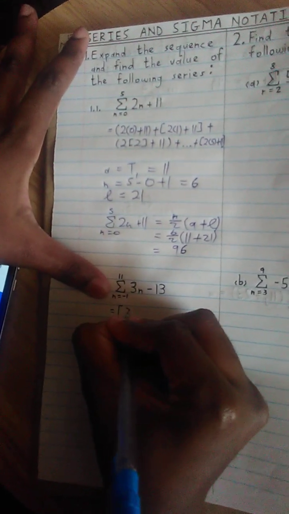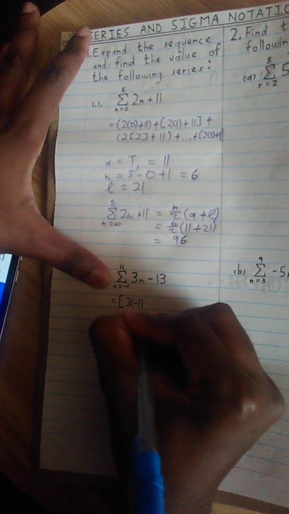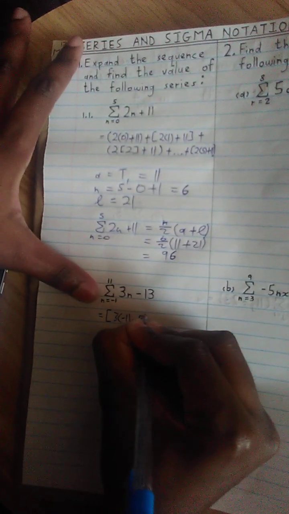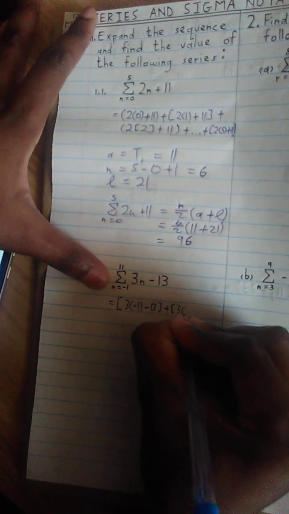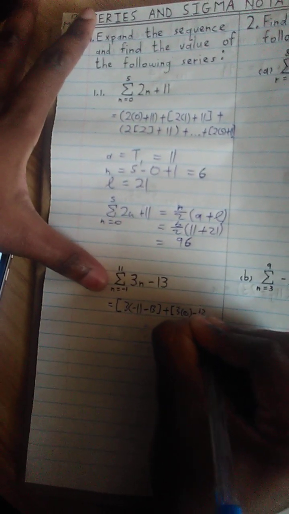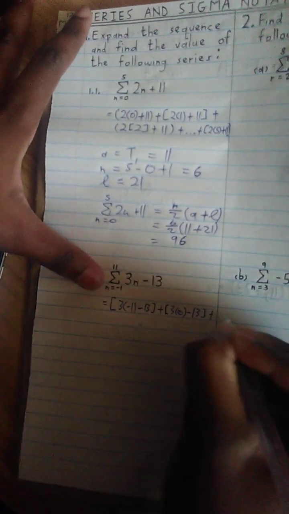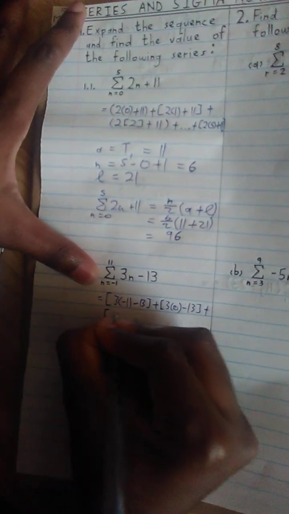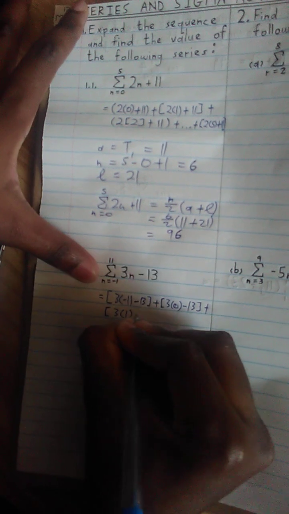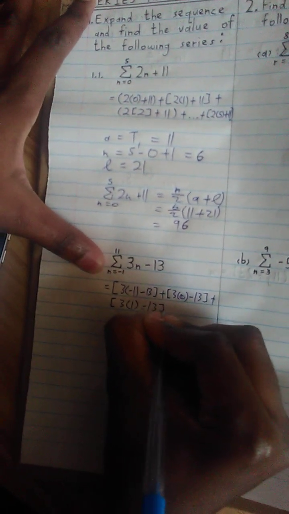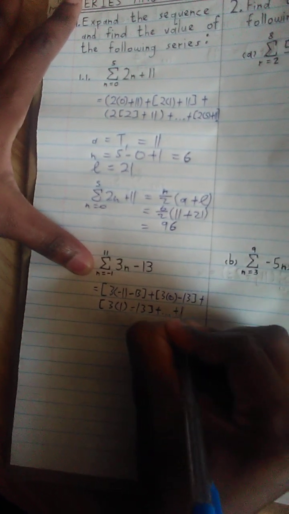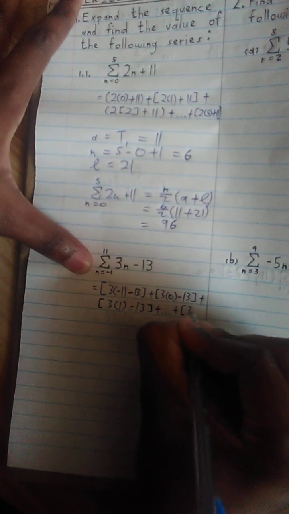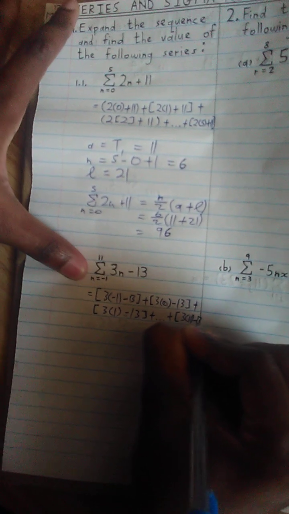So it's going to be 3 times negative 1 minus 13, plus 3 times 0 minus 13, plus 3 times 1 minus 13, plus others in between, plus 3 times 11 minus 13.